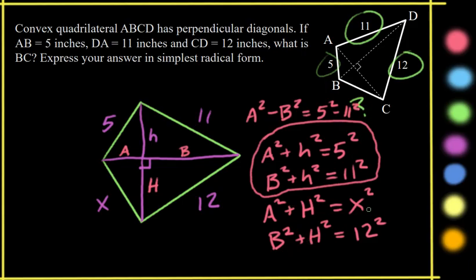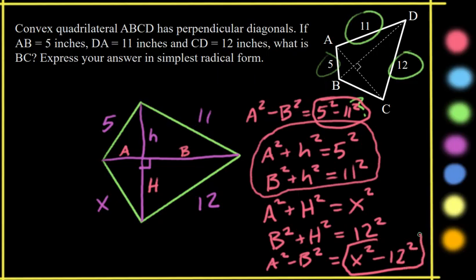And if you subtract the other two formulas, you've got a squared minus b squared equals x squared minus 12 squared. That works great because this a squared minus b squared is the same, so we can just set this side equal to this side and solve things, and that works out really well.